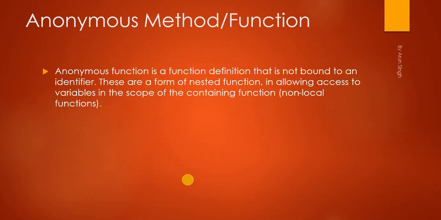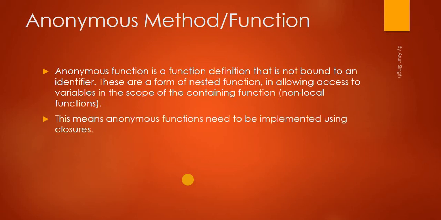An anonymous function is a function definition that is not bound to an identifier. I repeat, an anonymous function is a function definition that is not bound to an identifier. These are a form of nested function, allowing access to variables in the scope of the containing function, known as local functions.